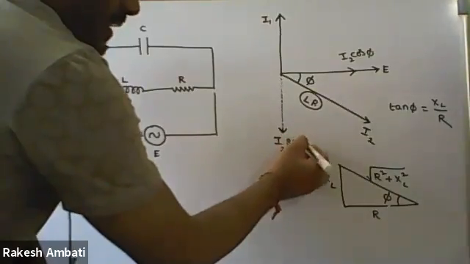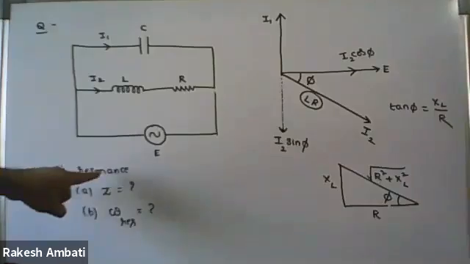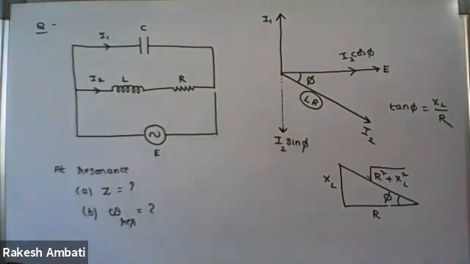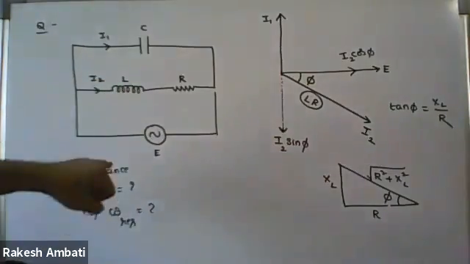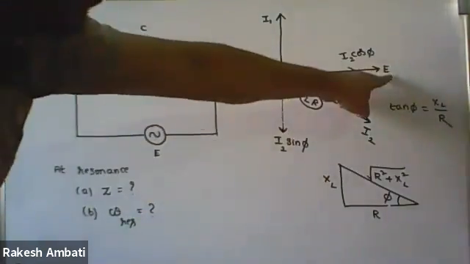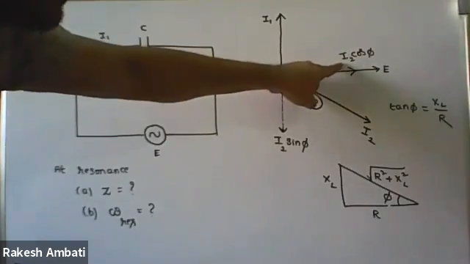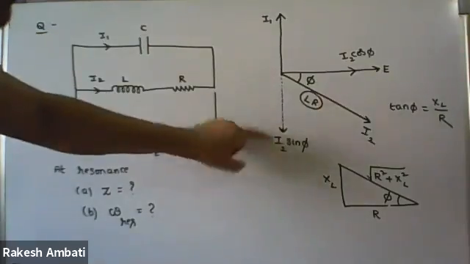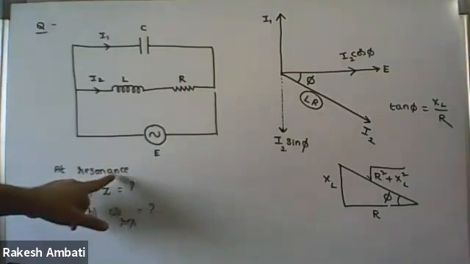Now listen, in the question they have mentioned at resonance. At resonance, EMF and current should be in the same phase. That means at resonance, I1 and I2 sin phi have to be balanced.